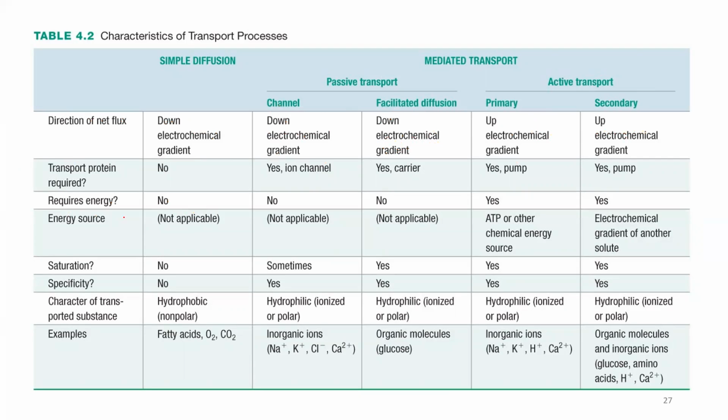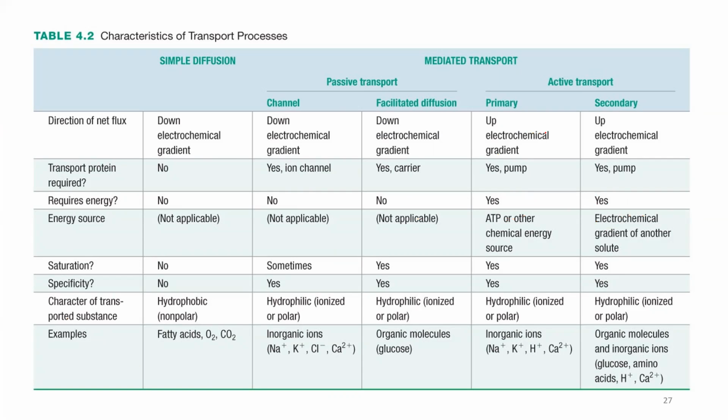Another column here, whether or not it requires energy. So we know that it doesn't require any energy for simple diffusion, channel, and facilitated diffusion, whereas for active transport, it will require energy. So practice just clearing out this table and trying to recreate this from your understanding, and then comparing this to the actual table.